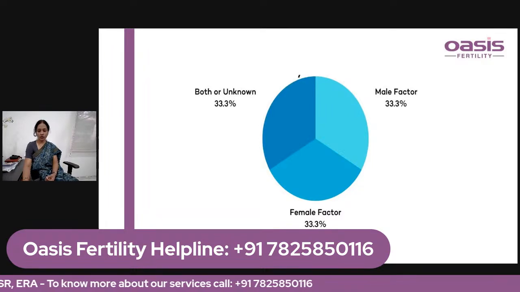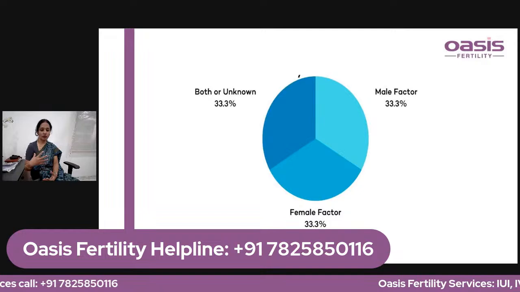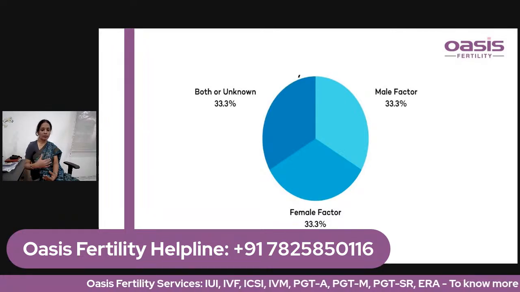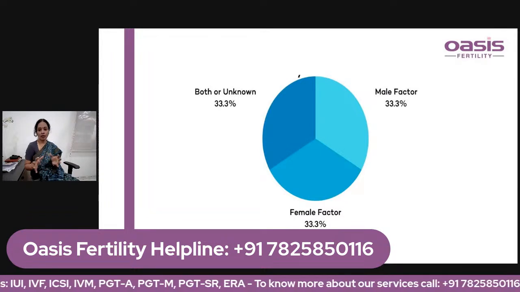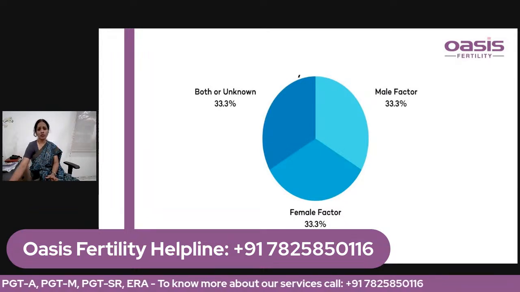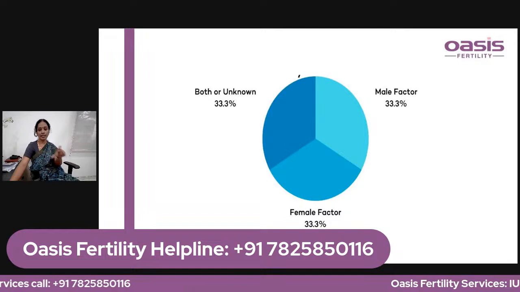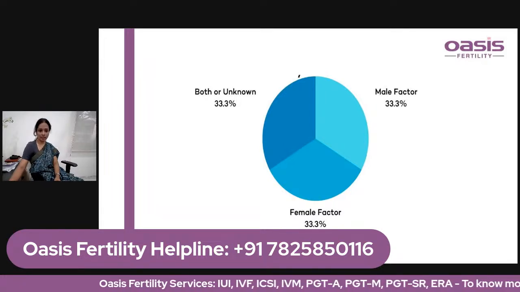Now, the causes of infertility. For a pregnancy to happen, we know there is a contribution from both the sperm and the egg. Likewise, male factor problems and female factor problems contribute equally to infertility in a couple. A small fraction remains with unknown causes even after testing.